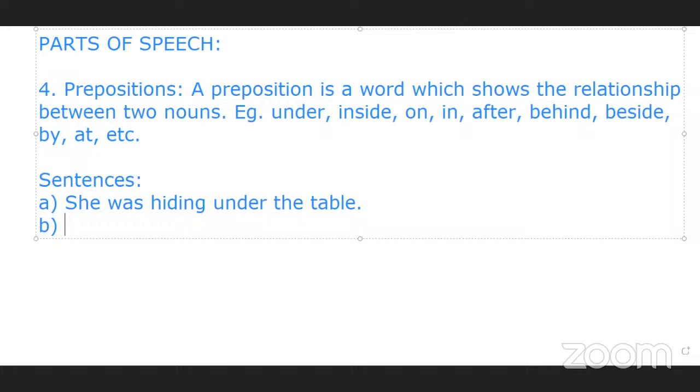Okay. So my example, like Nana is driving a car. Do we have a preposition there? Check and tell me if we have a preposition there.